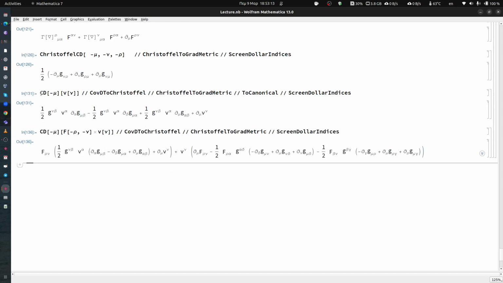So many times we have to differentiate a tensorial expression more than once.